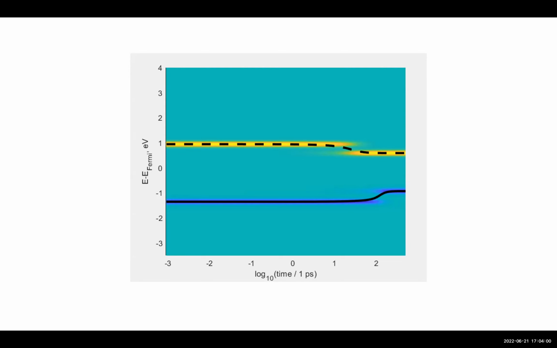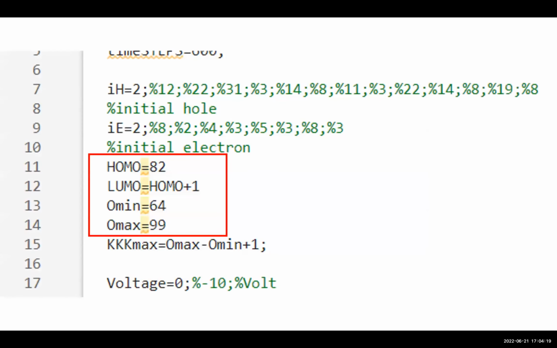Your IE and IH, can we learn it from this diagram? What was the initial condition? It's specified in the initial part of the script. Right, but what if you would try to hide this information from us and show us only this blue, greenish figure?